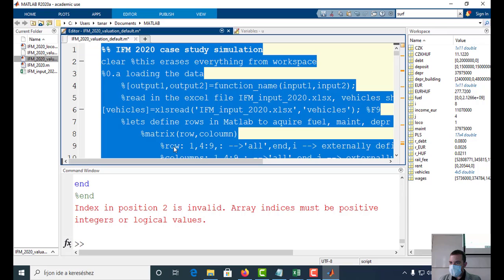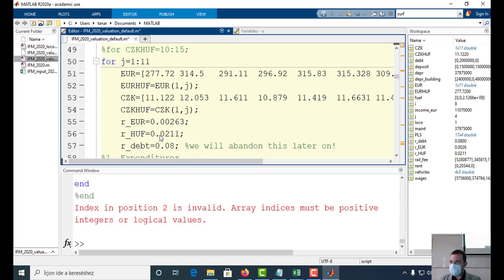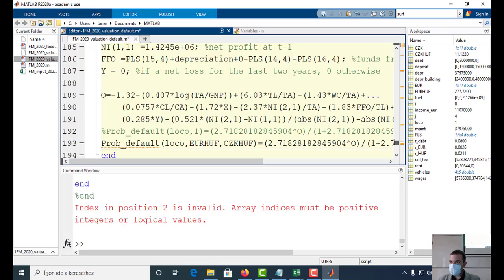What? Index proposition 2 is invalid. But what is proposition 2? And where is it located? Okay.